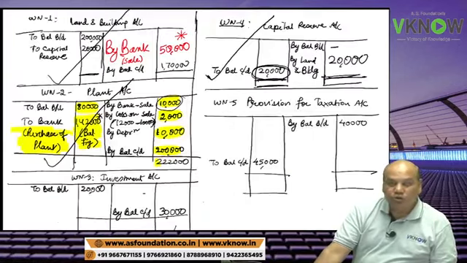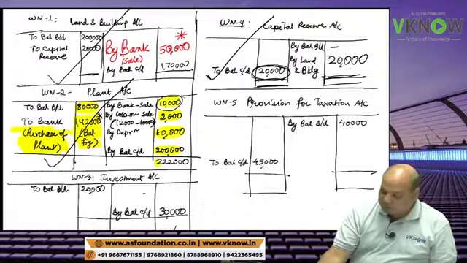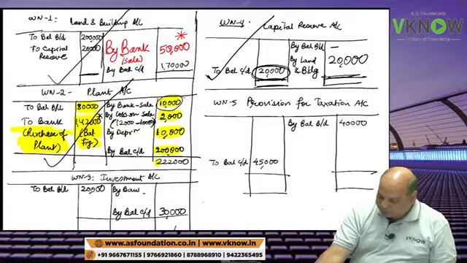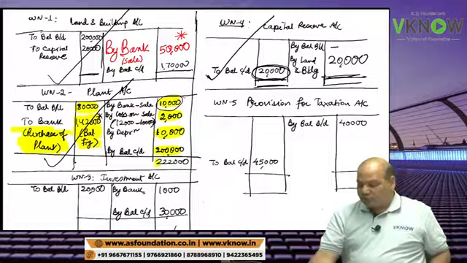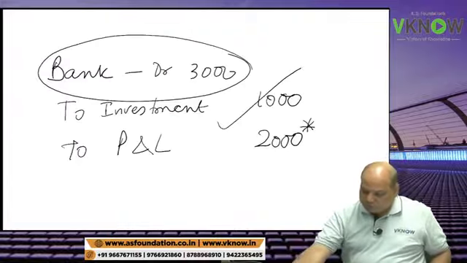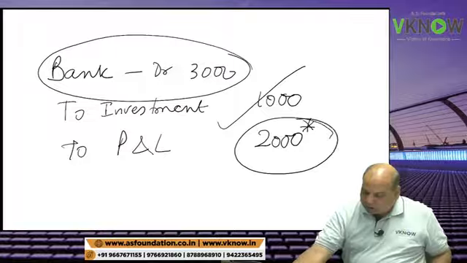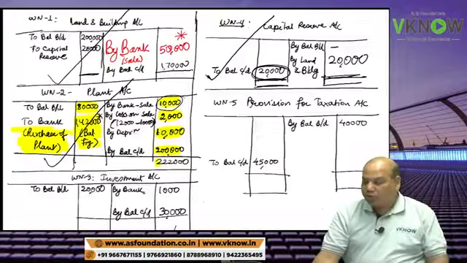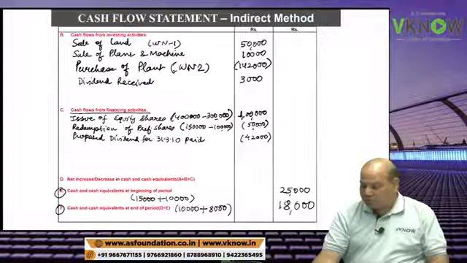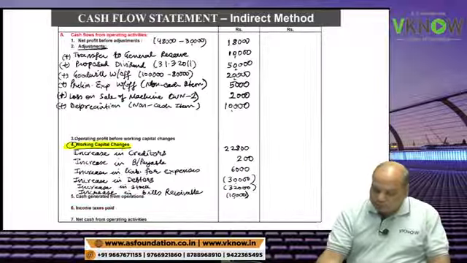Then go to working note 3, investment account. To investment 1,000. So I will write here by bank 1,000. This also we have done, and it is credited to the P&L account. So I have to remove it from the P&L account.